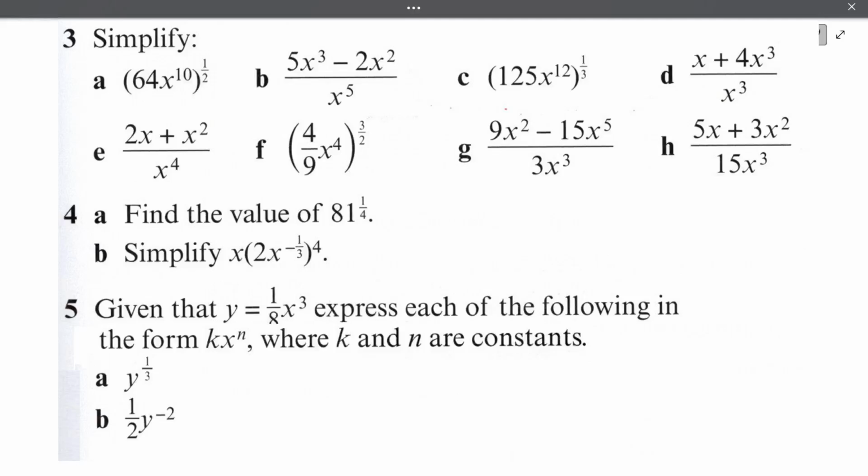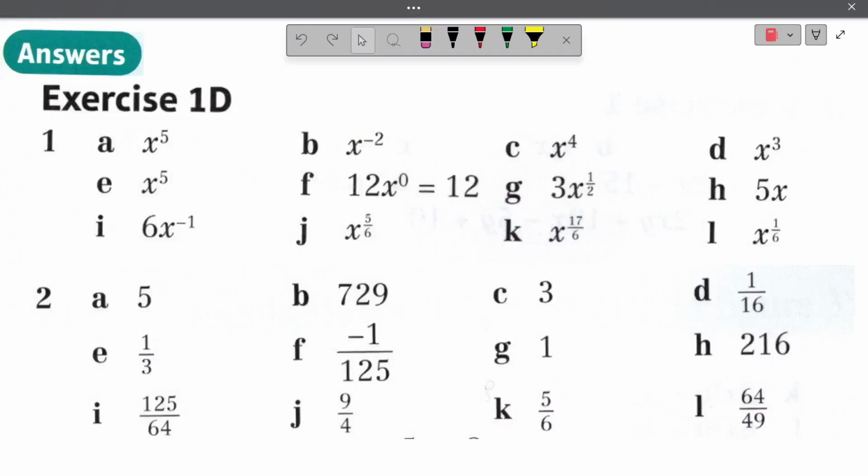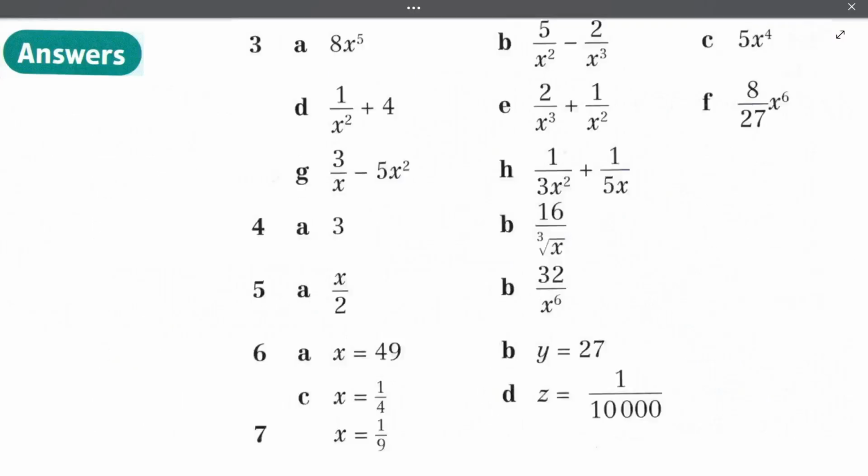In a moment, I'll also put the answers on the screen. But hopefully you've done all right and you understand these powers a bit more. If you're not 100% sure, do go back to exercise 1A, which is to do with indices and powers, because these are quite similar. It's kind of another step up.